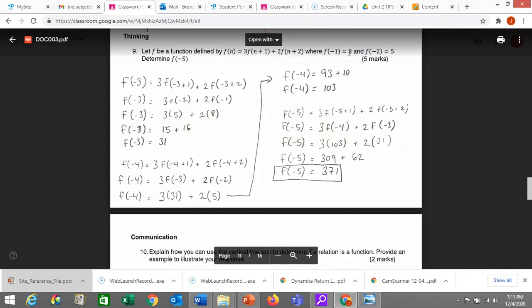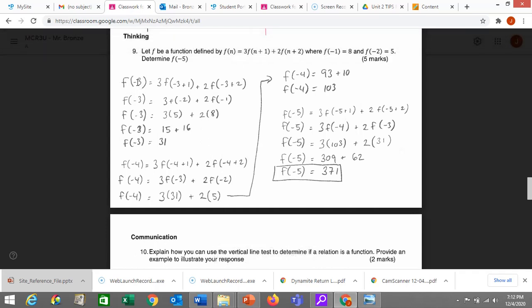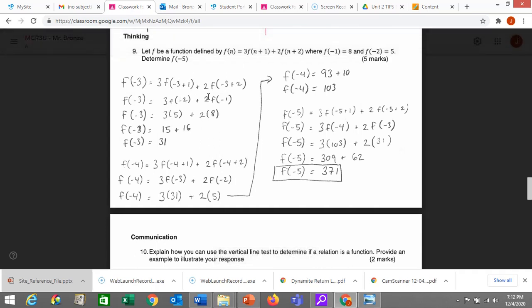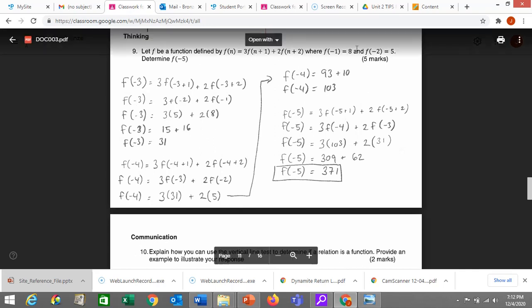f at negative 1 is 8 and f at negative 2 is 5. So if I put negative 3 into f, then I get negative 3 plus 1 and negative 3 plus 2 in those places. Negative 3 plus 1 is negative 2, and negative 3 plus 2 is negative 1. So now I have f at negative 3 in terms of f at negative 2 and f at negative 1, and I know those numbers.